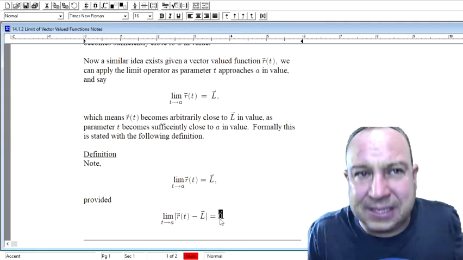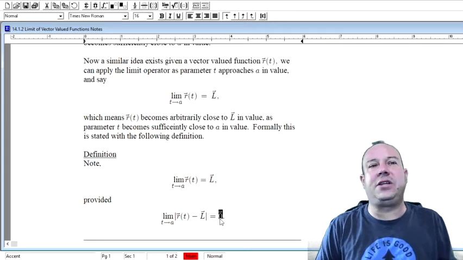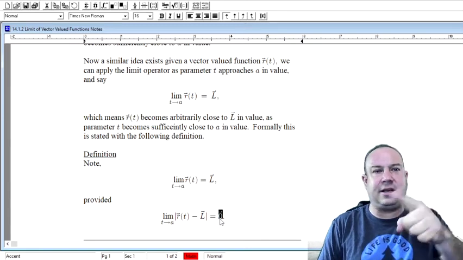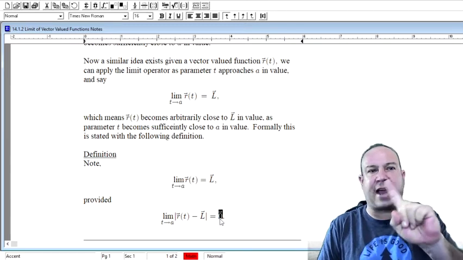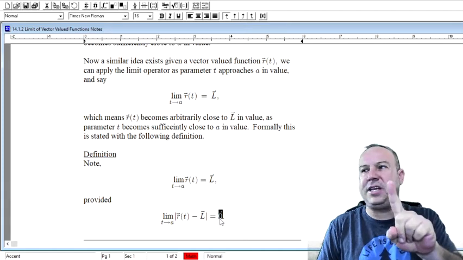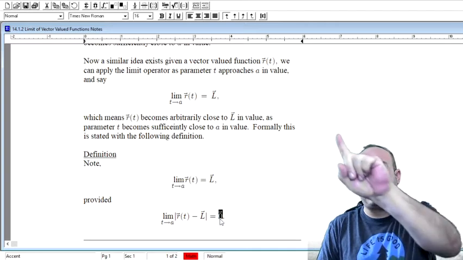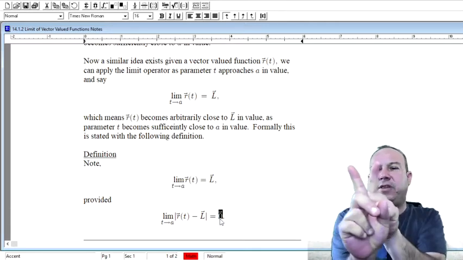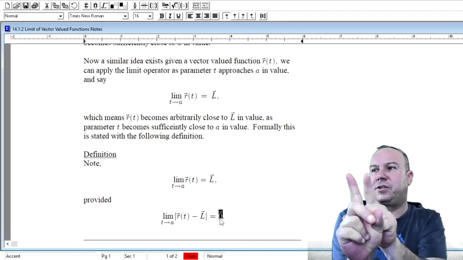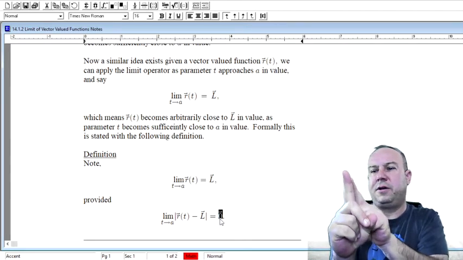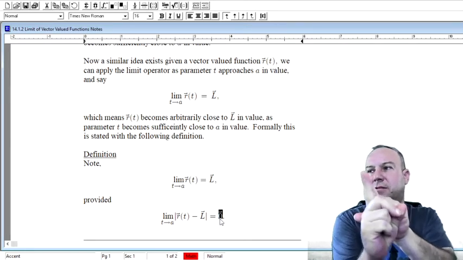In a sense, what we see happening here is we do have our vector, if we think about my finger being this vector in space, r bar at t, as t approaches a, this vector is going to behave a certain way in space. And what that vector might actually do is start to approach vector L in value.